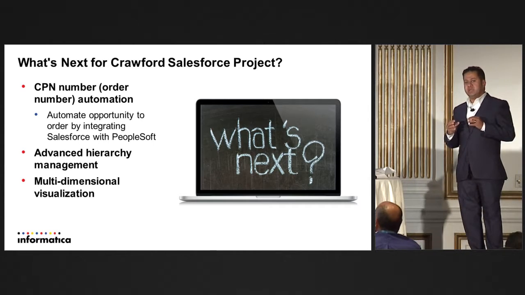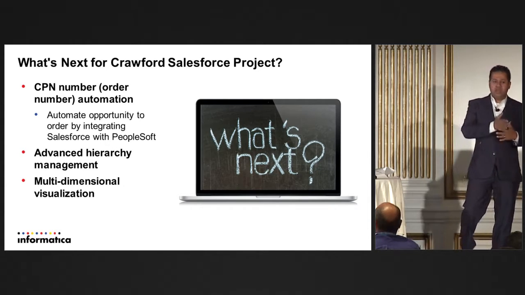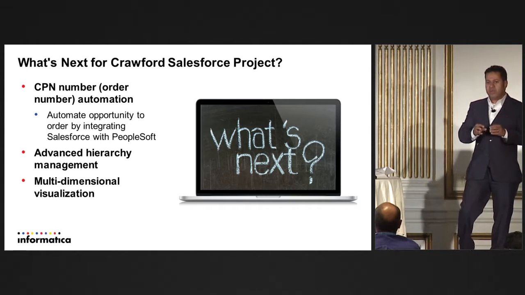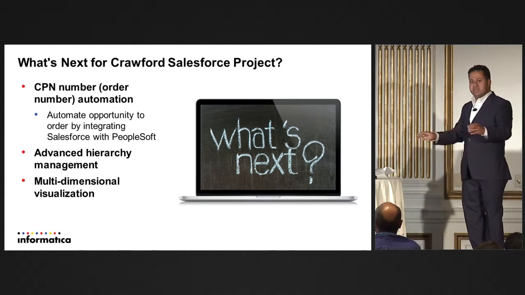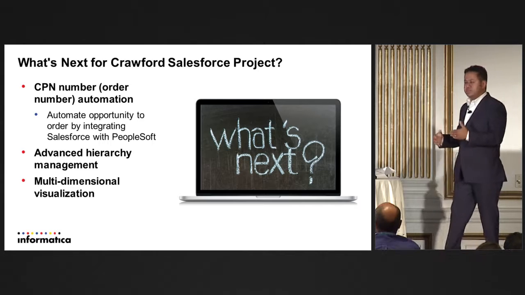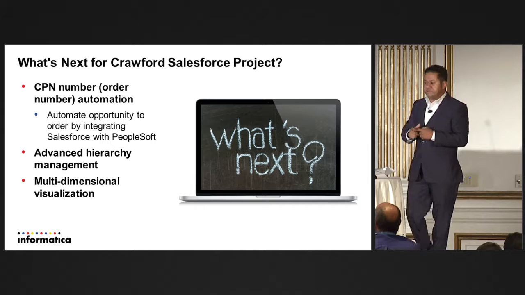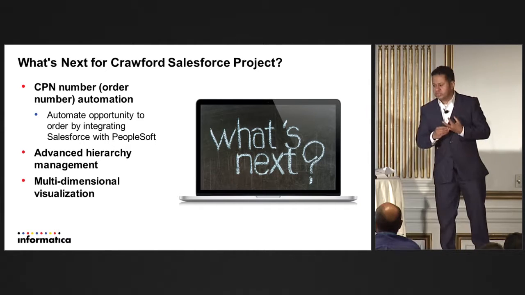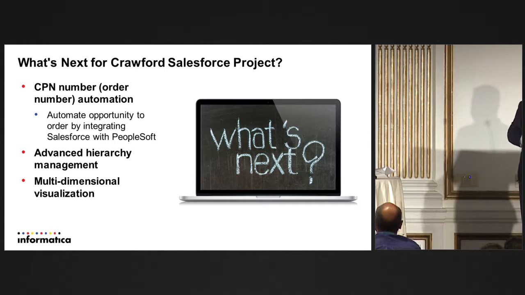Next is the front office and back office integration, the CPN, as I often call it: from when your account executive closes an opportunity to your back-end ERP application. Order to cash automation is next for our company. Advanced hierarchy management and multi-dimensional visualization is also something we are considering introducing at Crawford.